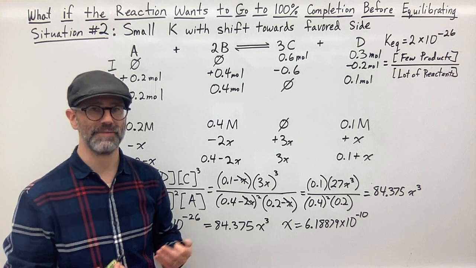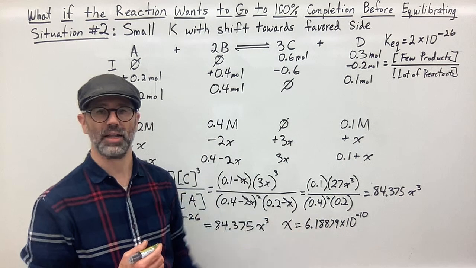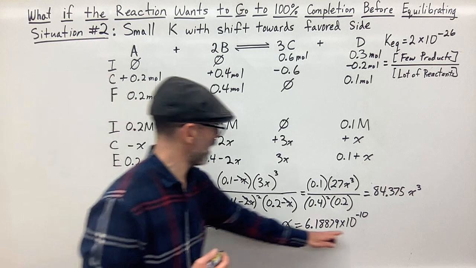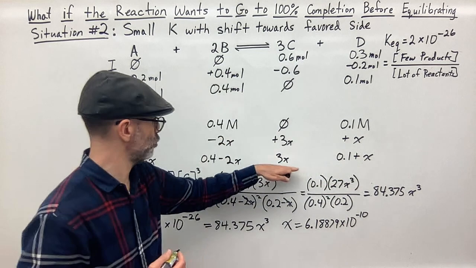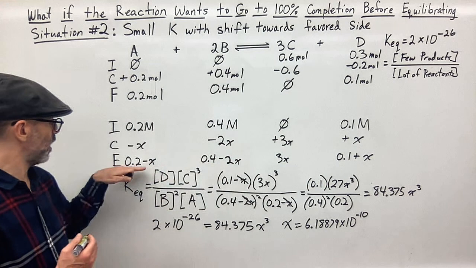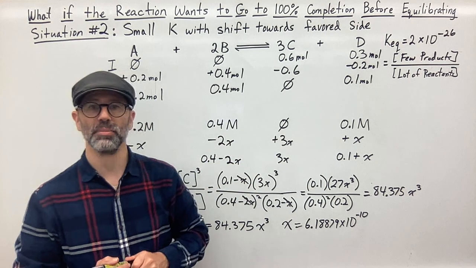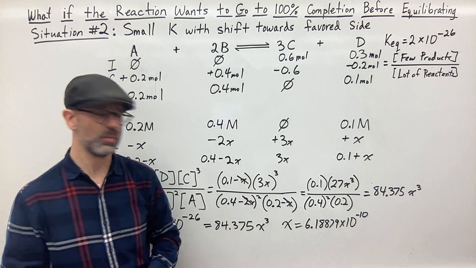So it's going to be valid. You don't really have to check here. It's quite obvious it's going to be valid. But if you want to, you could check that. Now that I have my x, I'm going to plug x into each of these expressions to find the equilibrium concentrations of all of my species at equilibrium.